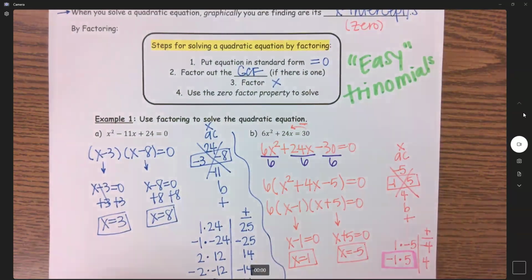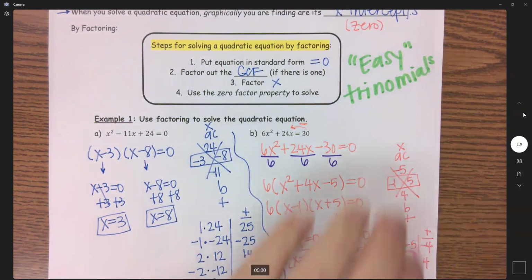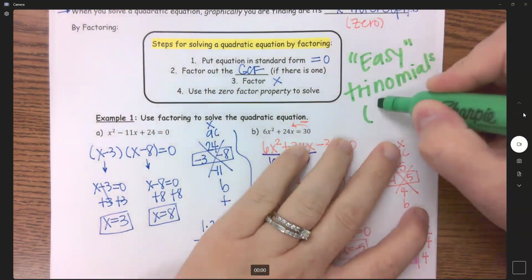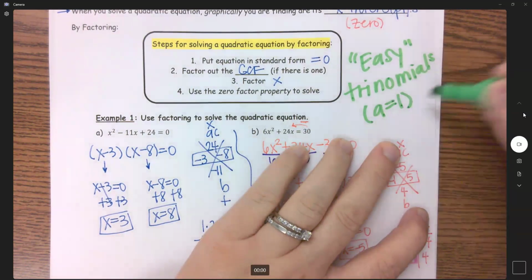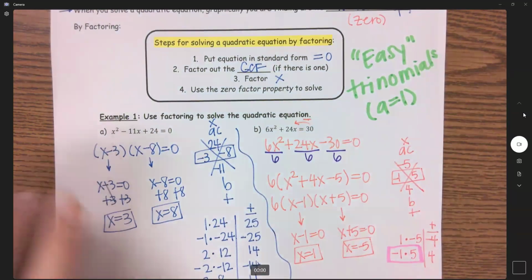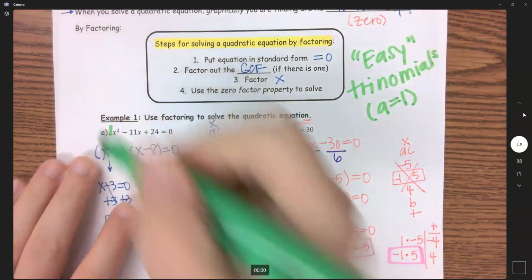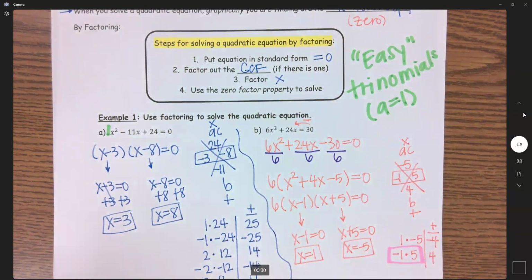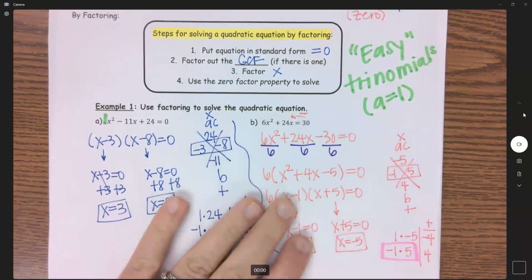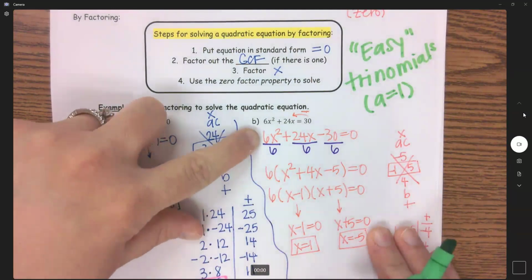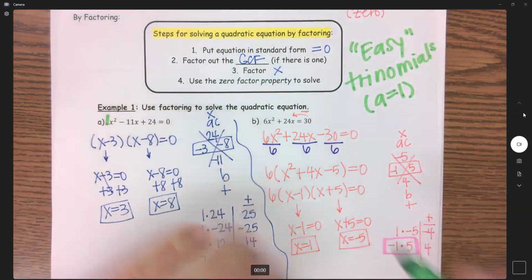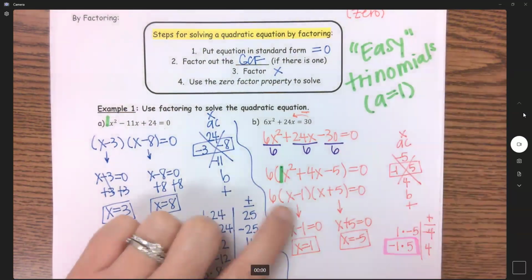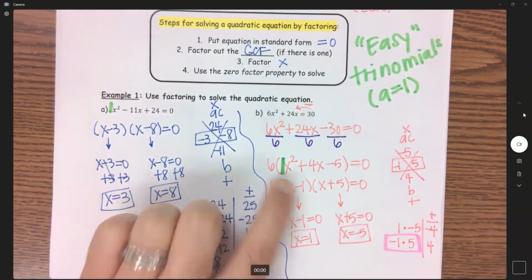Okay, and what makes these quote easy trinomials is that both of these have an a that equals 1. So right here, this was a 1x squared, so a was 1. Here, it didn't start out as an a of 1, but because I could take that out as a GCF, right here, we had an a of 1.